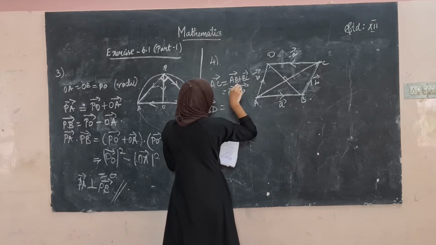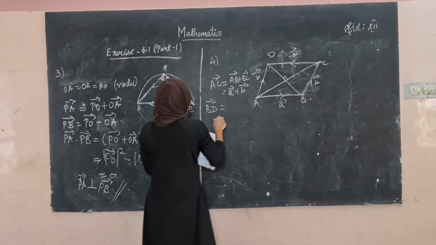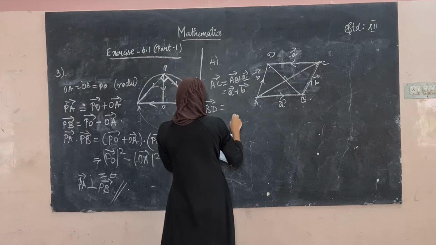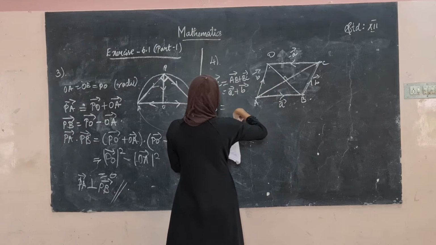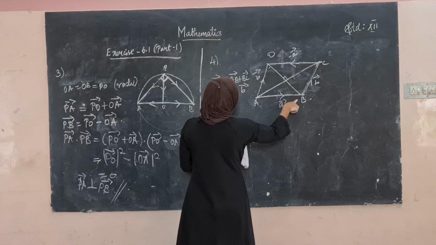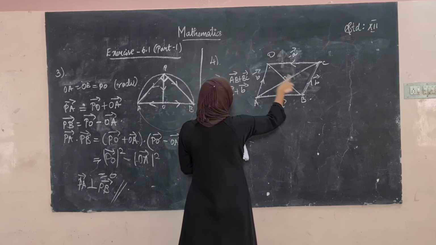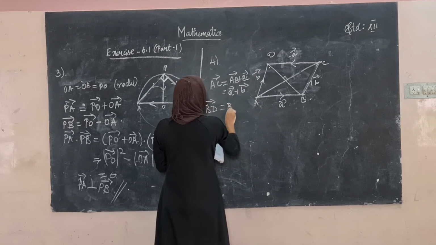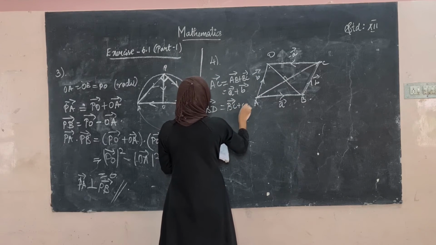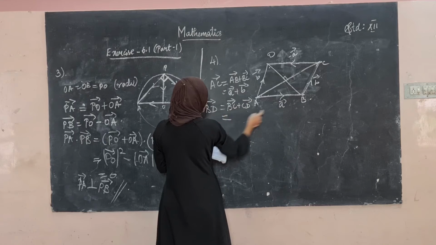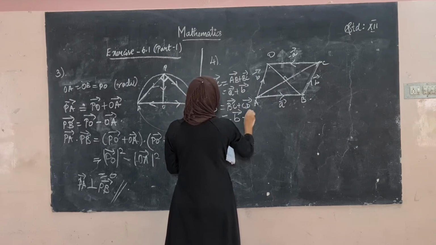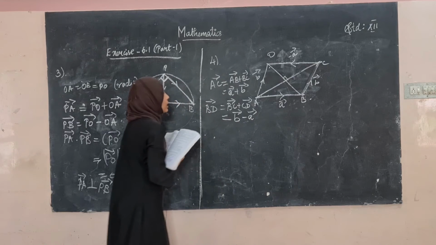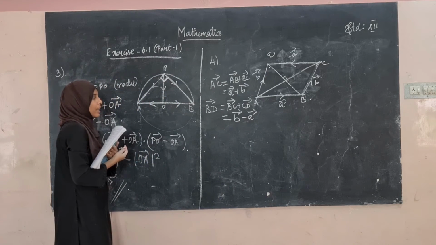We can take like this, BC vector plus CD vector. What is BC vector? It is B vector. What is CD vector? It is minus A vector. Okay, so BD vector is equal to B vector minus A vector.